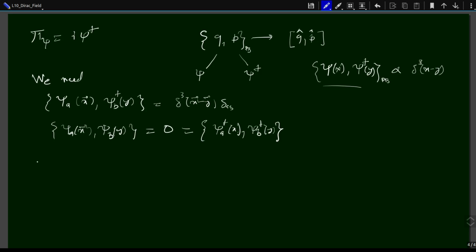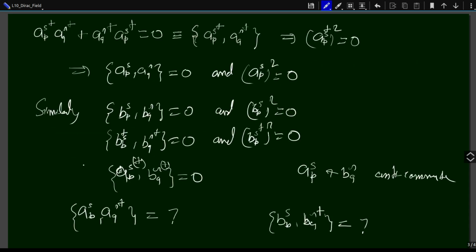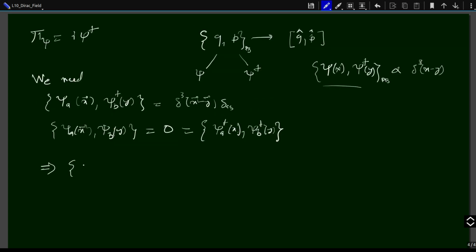In terms of the corresponding raising and lowering operators, that basically boils down to the two unknown things that we wrote on the previous page, which we can just check. So the anticommutator of A_P and A_Q dagger, diagonal, is the same as the anticommutator of B_P and B_Q dagger, diagonal.